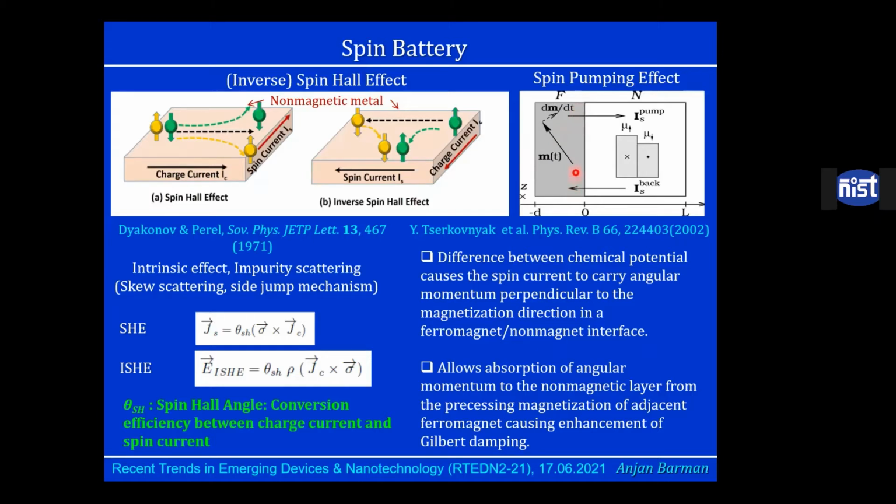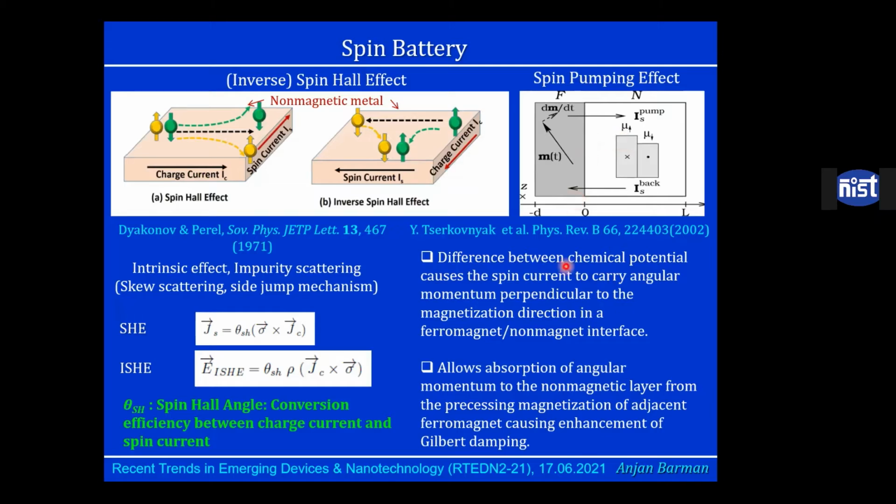Because of the difference in chemical potential between the ferromagnet and non-magnet, the precessing magnetization allows a spin current to carry spin angular momentum perpendicular to the magnetization direction across this interface, causing a pure spin current.